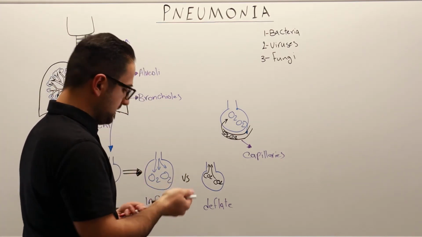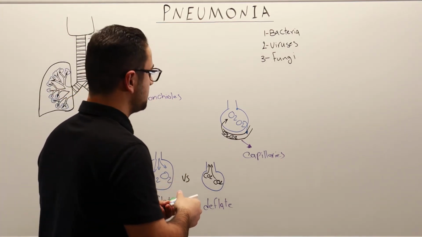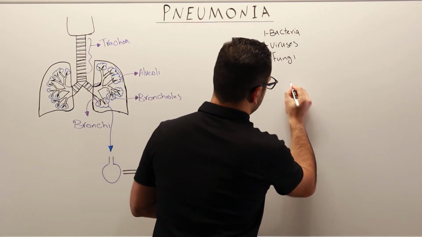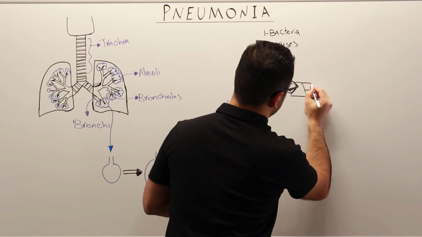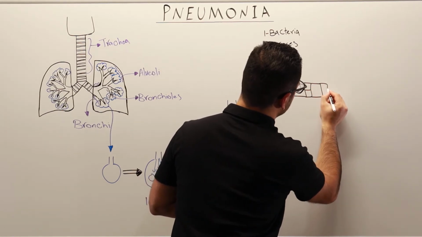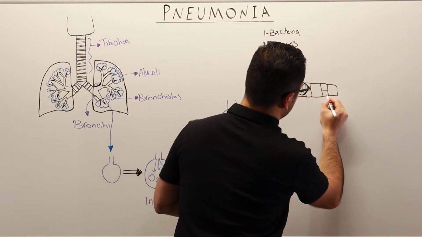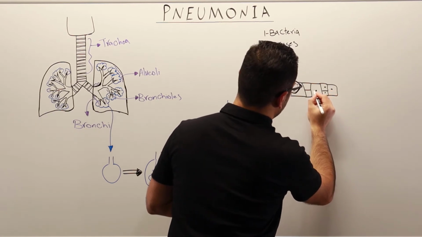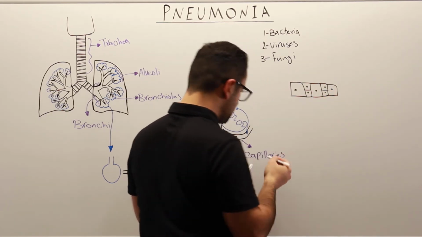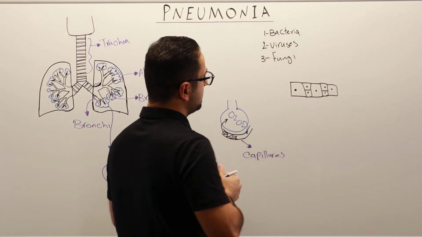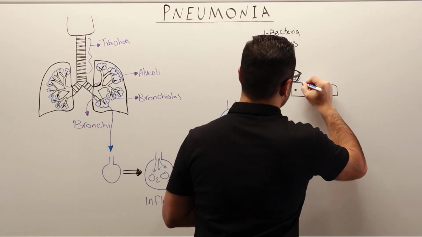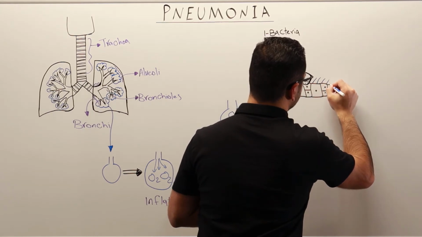So let's look into the cells in these tubes. So let's say these are cells lining these tubes. And on top of these cells, there is hair-like cilia. So this is hair-like cilia.